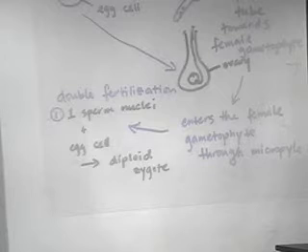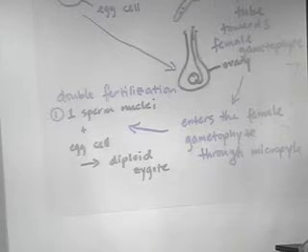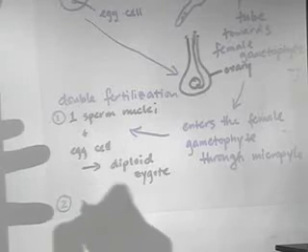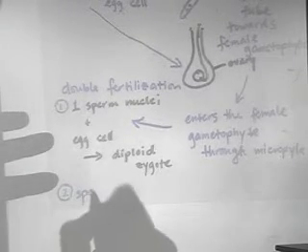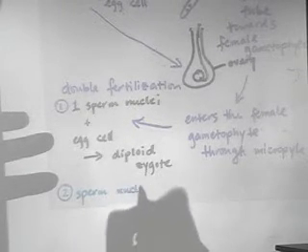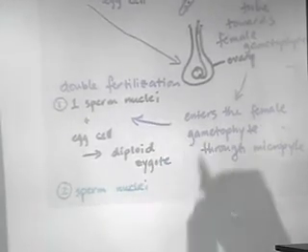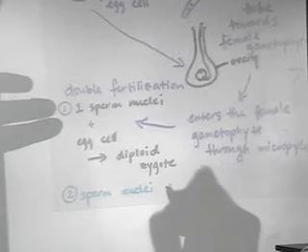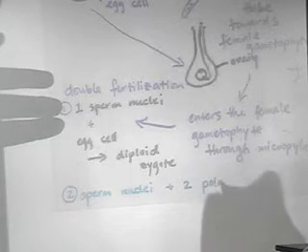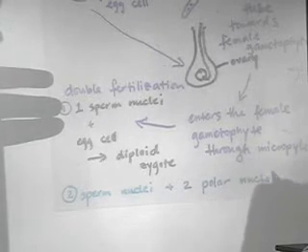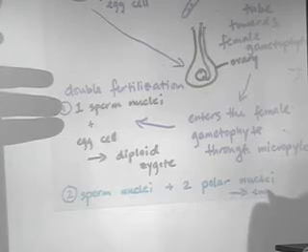The second thing that's going to happen, and this is why they call it double fertilization, is the other sperm nucleus is actually going to fuse with the two polar nuclei. And what that produces is something called endosperm.